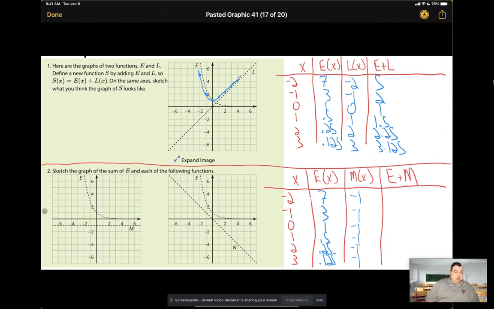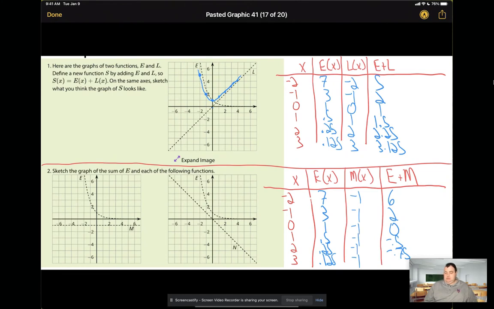Okay. So we're sketching the sum of e and m. So again, I'm going to add my y values because it said sum. So 7 plus -1 is 6. 3 plus -1 is 2. 1 plus -1 is 0. 0.5 plus -1 is going to be -0.5. 0.25 plus -1 is going to be -0.75.